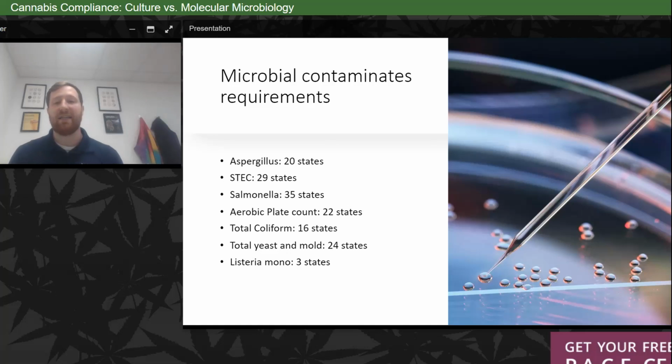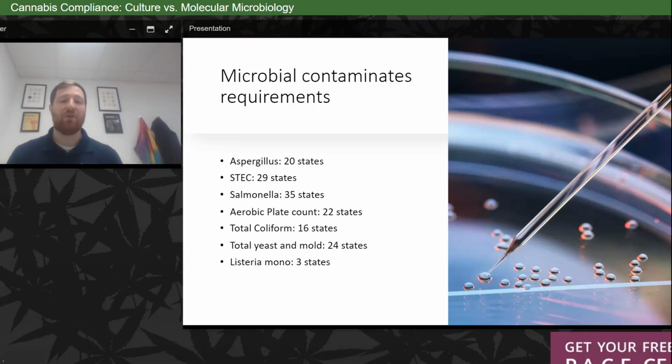These are on a detect, non-detect basis, or a presence-absence basis. There are 22 states that test for aerobic plate count, 16 states that test for total coliform, 24 states that test for broad-spectrum total yeast and mold, and 3 states for Listeria monocytogenes.